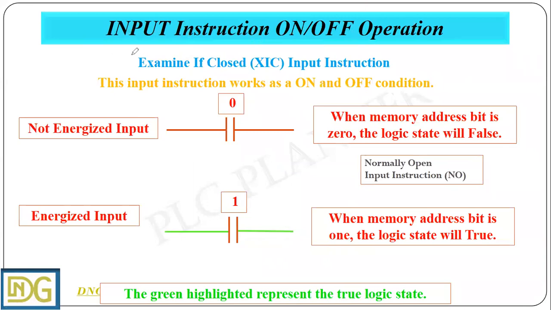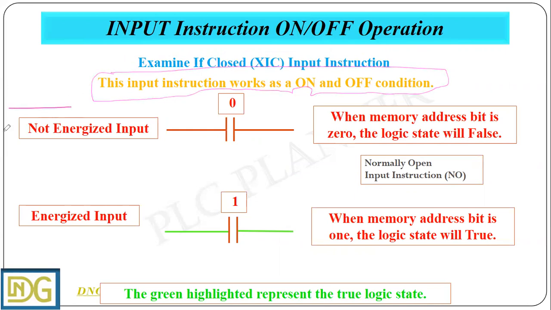So in this slide, we have input instructions on and off operation. Examine if closed, XIC, input instruction, has a different name: normally open instruction. This input instruction works as an on and off condition.